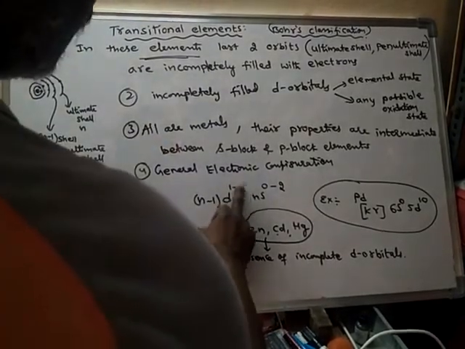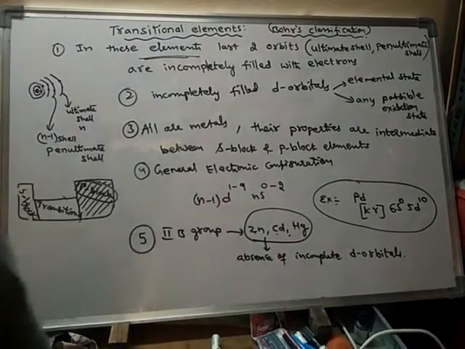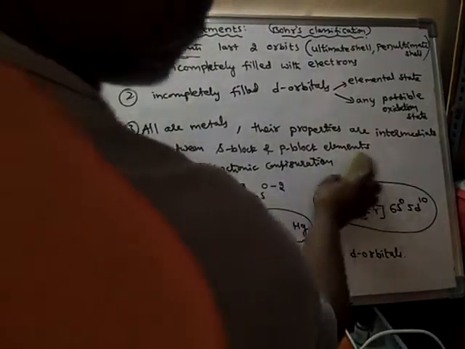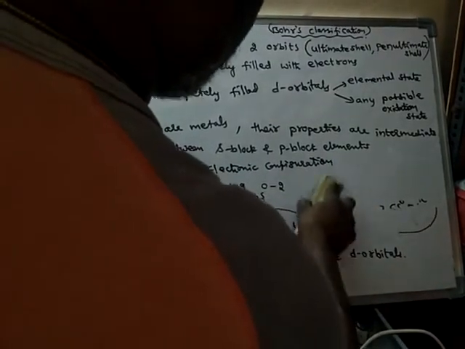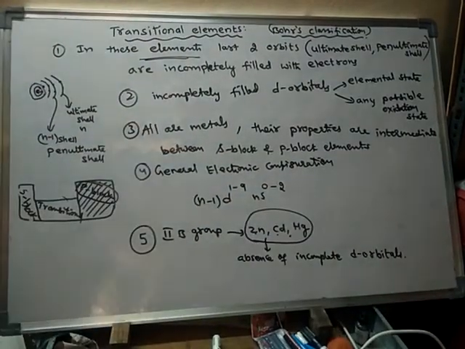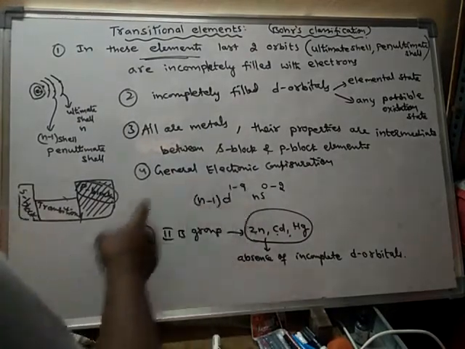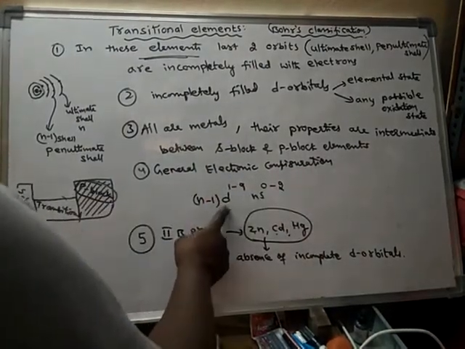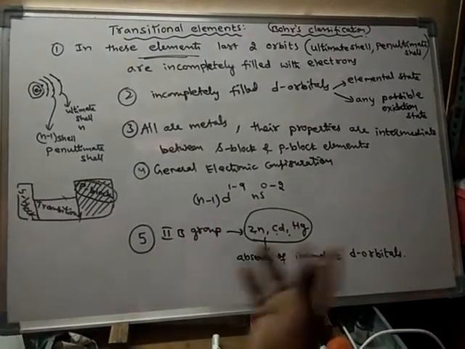Look here, actually it should be 1 to 9 only. This should not be included here. I will give this as an example in some other case. So in the general electronic configuration, d should contain 1 to 9 only. If it is 10, then it is completely filled.